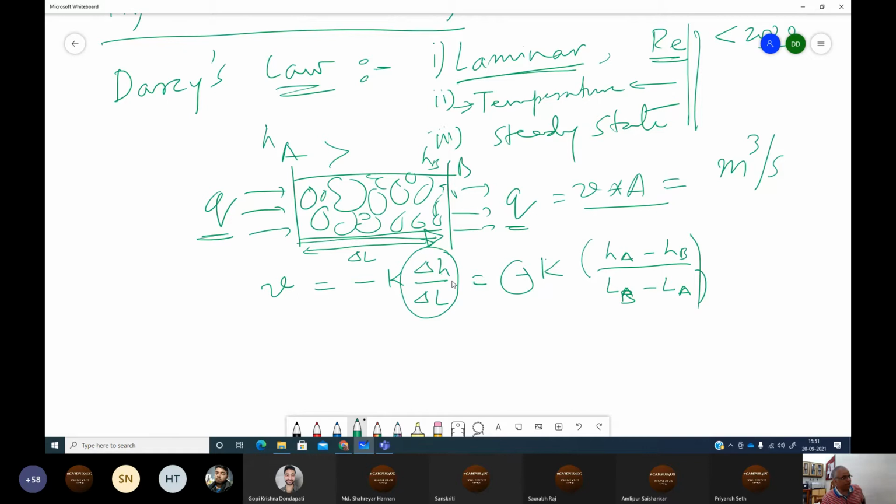Otherwise, fluid will not flow. The fluid will never flow to the positive gradient. It has to be in the negative gradient. And since velocity we are showing as a positive quantity here, there has to be a minus. And K is a constant, and this will be in a positive term.